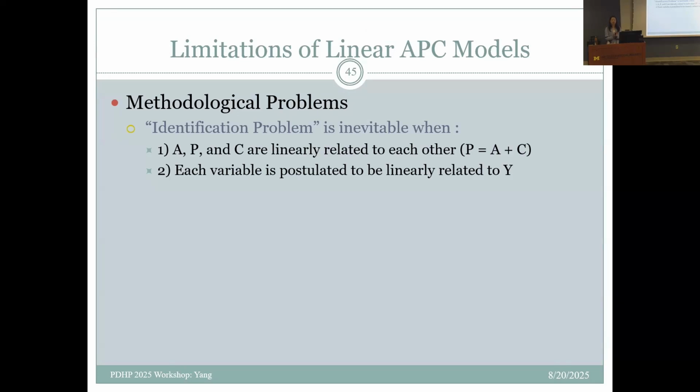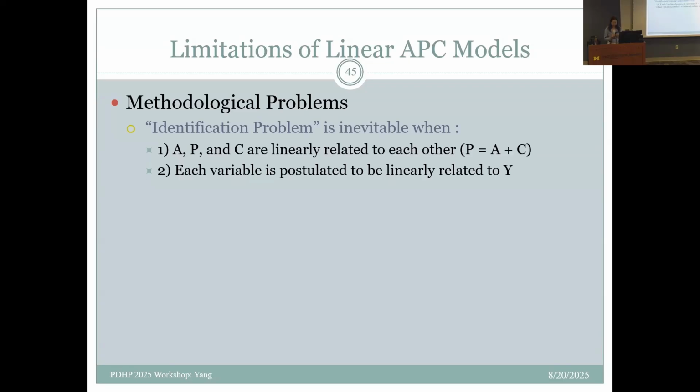It is important to keep that in mind when we do this sort of exercise. This problem is inevitable whenever two conditions are simultaneously met. First, A, P, and C variables are linearly related to each other. We already talked about that, P being equal to A plus C. And also, each variable is postulated to be linearly related to Y.